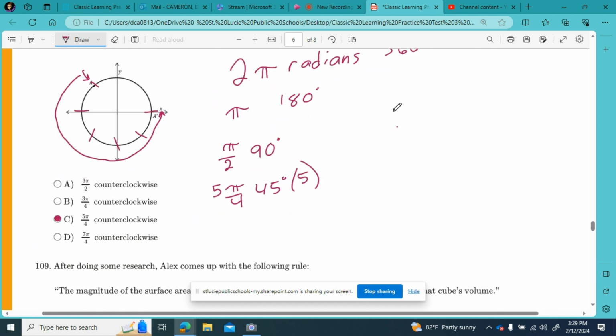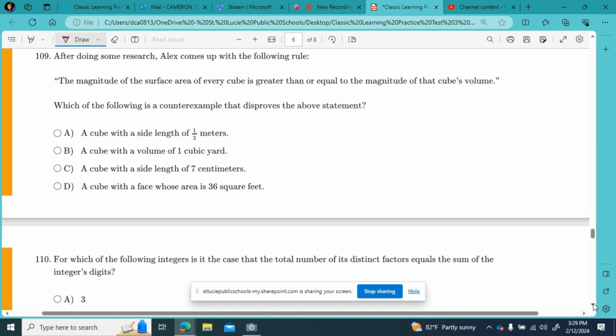And then number 109 says, after doing some research, Alex comes up with the following rule. The magnitude of the surface area of every cube is greater than or equal to the magnitude of that cube's volume.